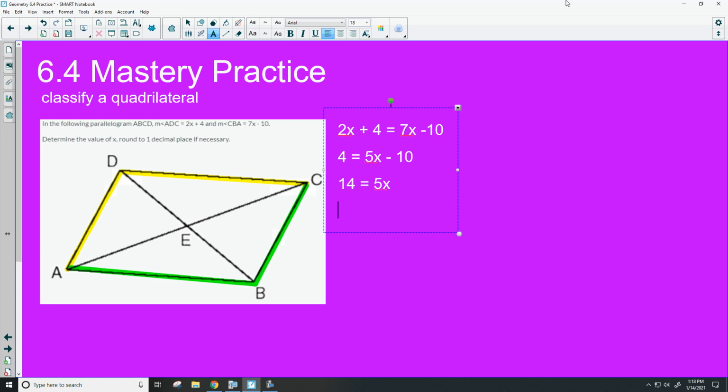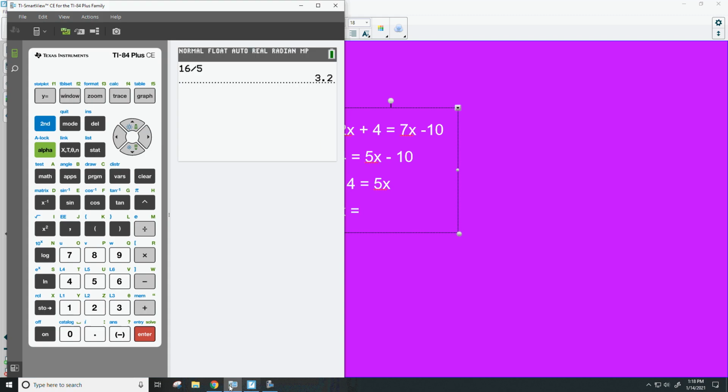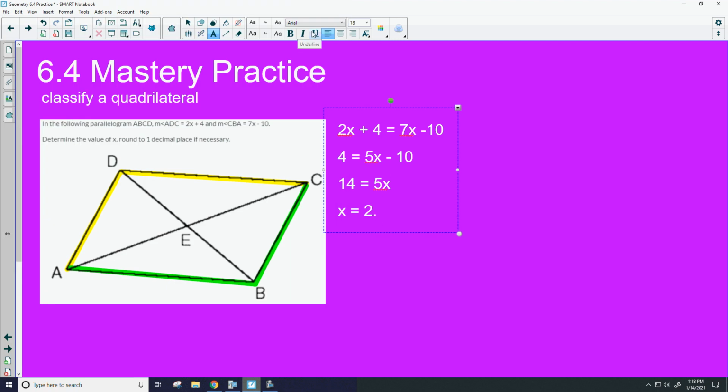And that means x is going to equal 14 divided by 5. Very similar to this one, 2.8. So it's going to equal 2.8. So, question 2, very similar to question number 1.